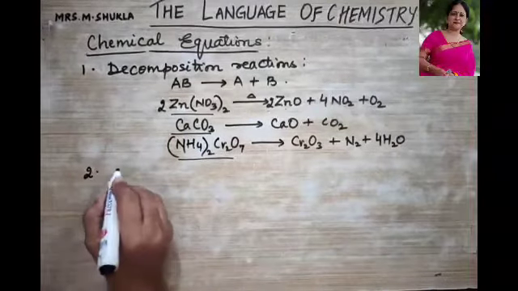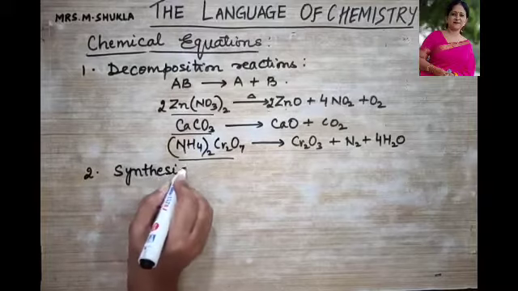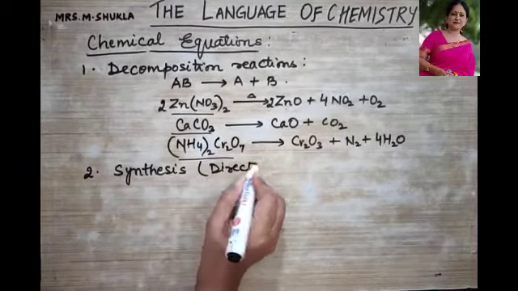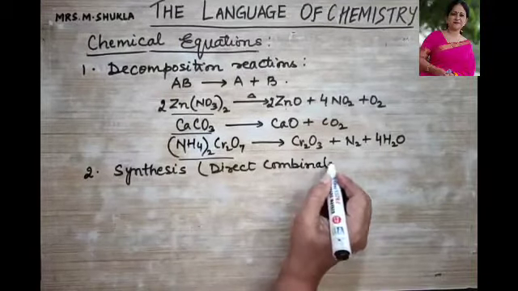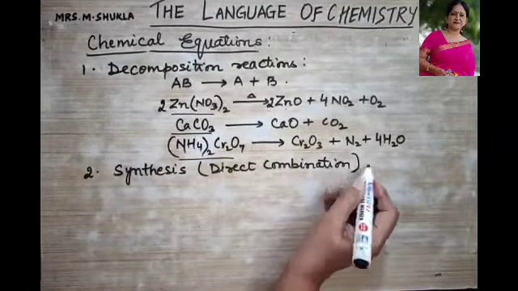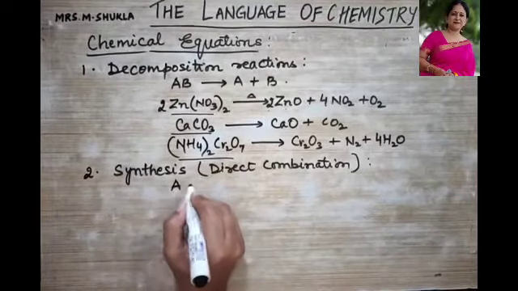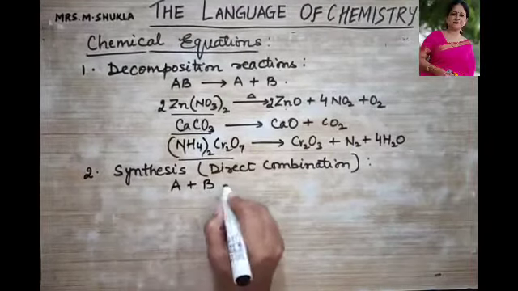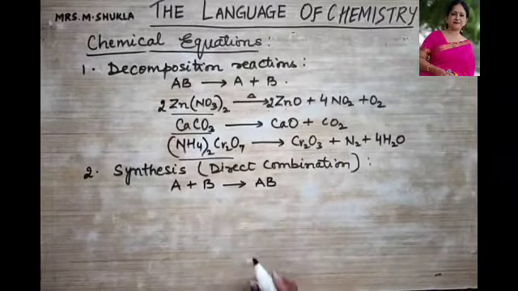The second kind is synthesis. Synthesis reaction is also called direct combination reaction. What does direct combination reaction mean? Here A plus B, the two reactants, combine to form a single product.